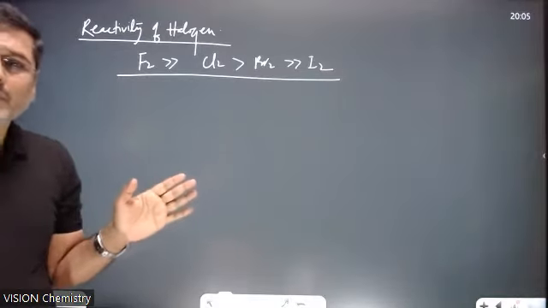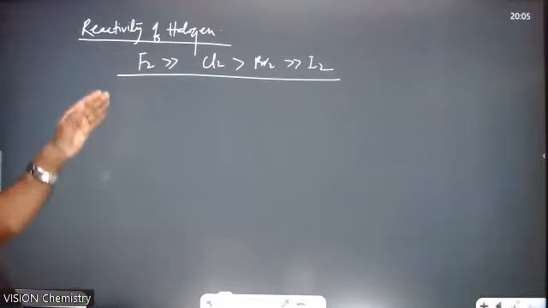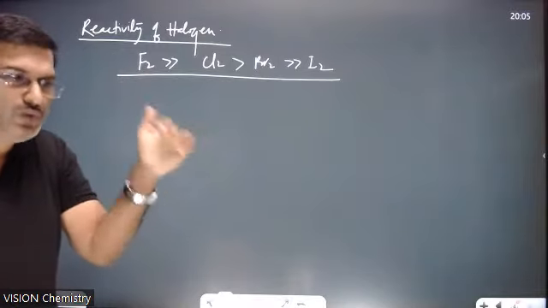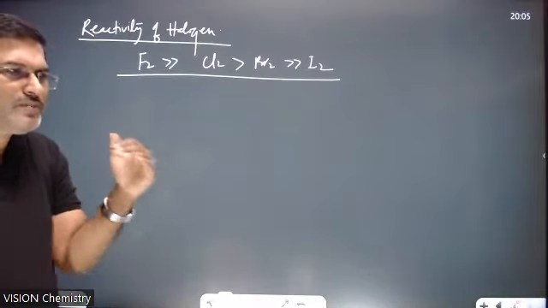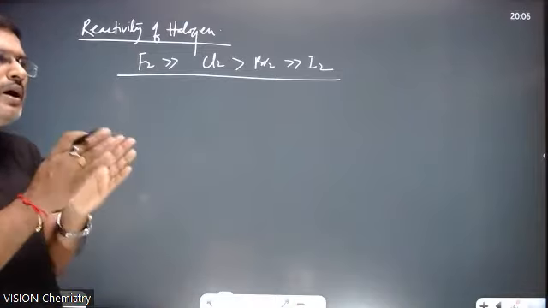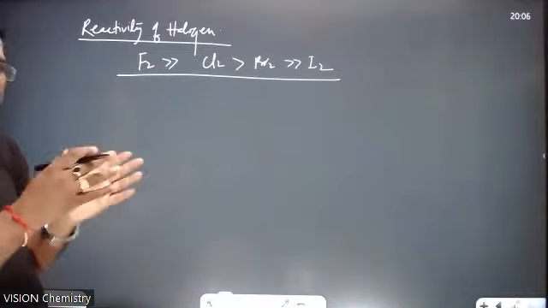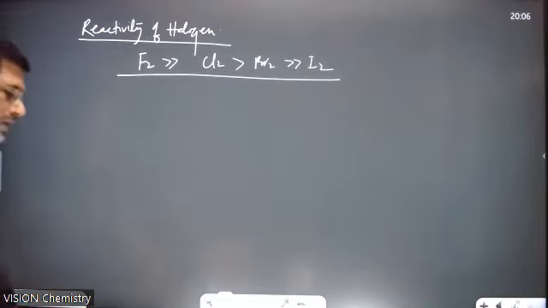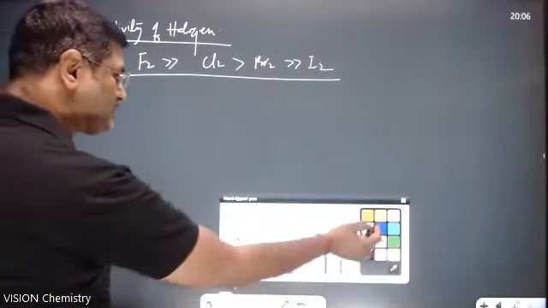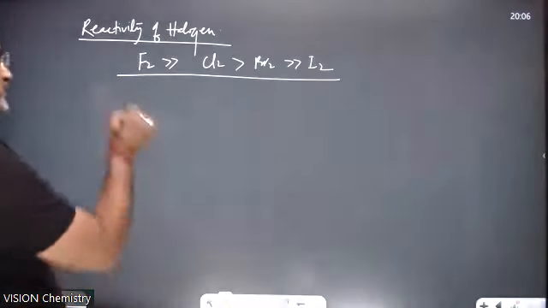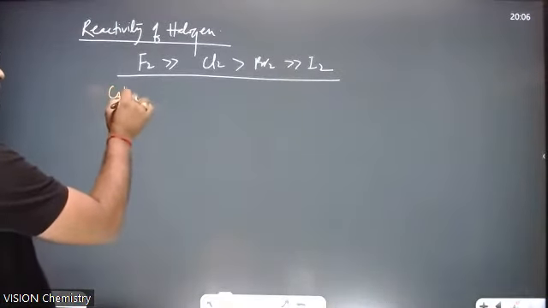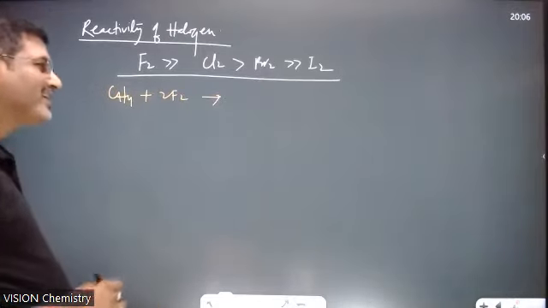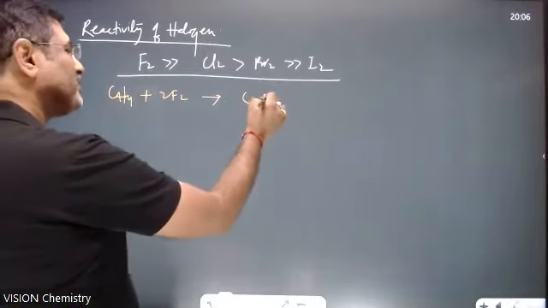What do I mean by very fast? It's a vigorous reaction, it's an explosive reaction. You know what do you mean by explosive? Explosive means a small amount of the reactants produces a large amount of energy. So the best example I'm telling you here, you see what happens with this one. When CH4 reacts with F2, you know what it gives? It gives carbon and 4 HF.